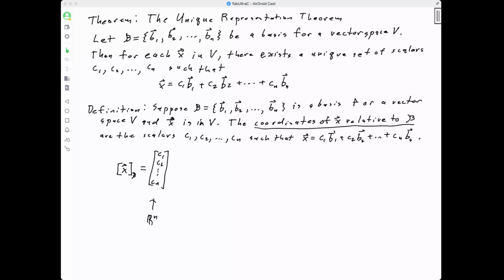So having a basis allows us to represent any vector as a vector in Rn, so that everything that we've talked about with vectors, and multiplying matrices times that vector, and all of those things now work for any vector space. So this is a big deal because it means that anything that we develop for Rn, for the specific cases that we're looking at, applies to all vector spaces.